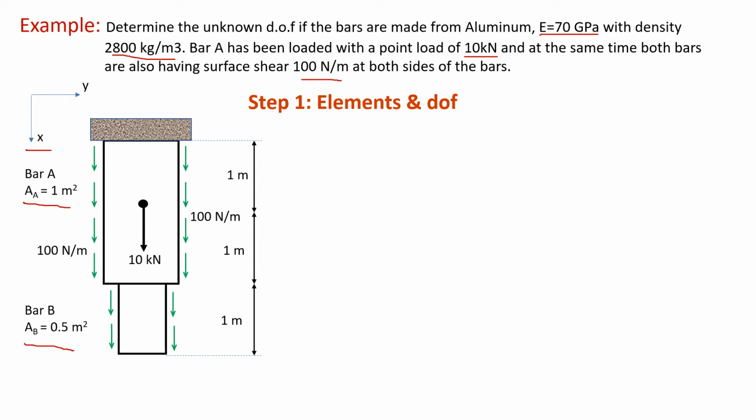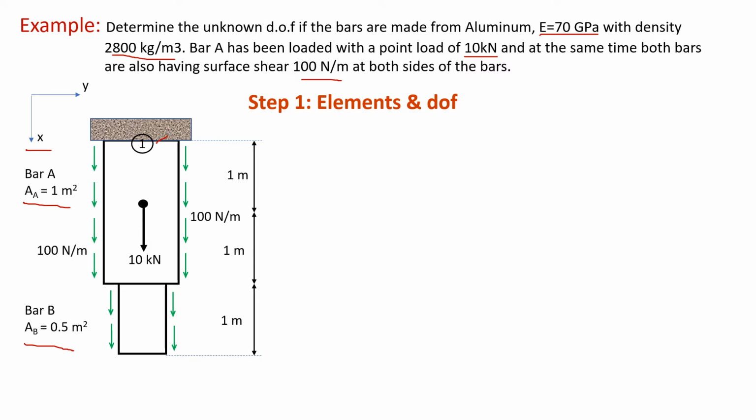By using the technique I have shown you before, we create nodes at any important points on or within the structure. Node 1 is at the beginning of the structure, and it has a fixed joint, that's why we take it into account.